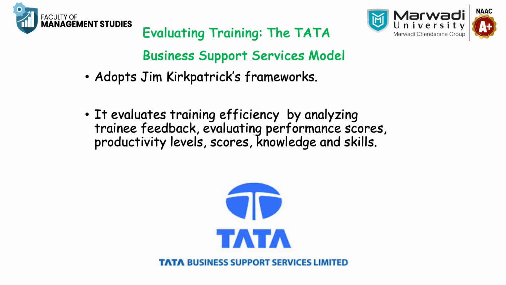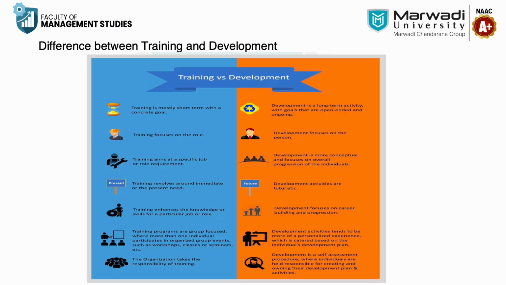I'm sorry, unfortunately, I think I am missing that one particular slide, that one particular model in this presentation. So what I'm going to do is, let me just finish the rest of the topics from this chapter, and then I will definitely show you that one model which we are missing, specifically related to evaluation of the training. Moving ahead, now we are going to quickly see the difference between training and development.